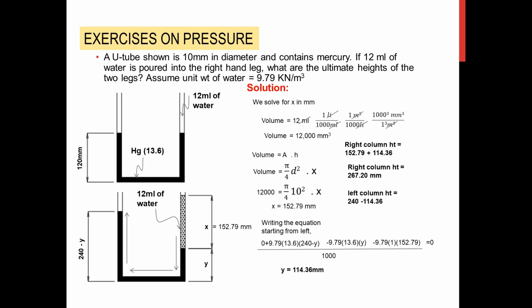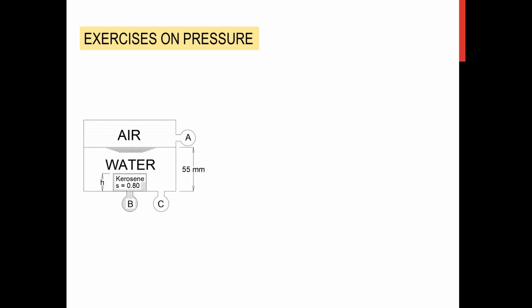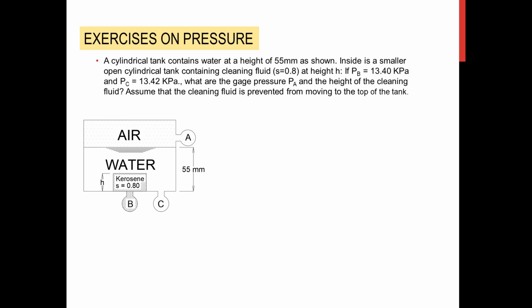Likewise, we can solve for the left column height, that is 240 minus y. 240 minus 114.36. That will be equal to 125.64 millimeters. So those are the ultimate heights that are unknown in the problem. So moving on to the next problem.